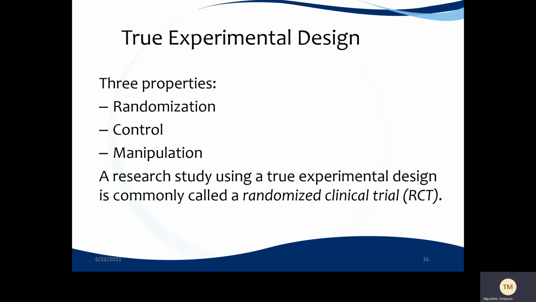If something has that, or for it to be a true experiment, it must at least have randomization. It must also have control. That control is the existence of an equal sample or subject group that does not receive the intervention that you're interested in.